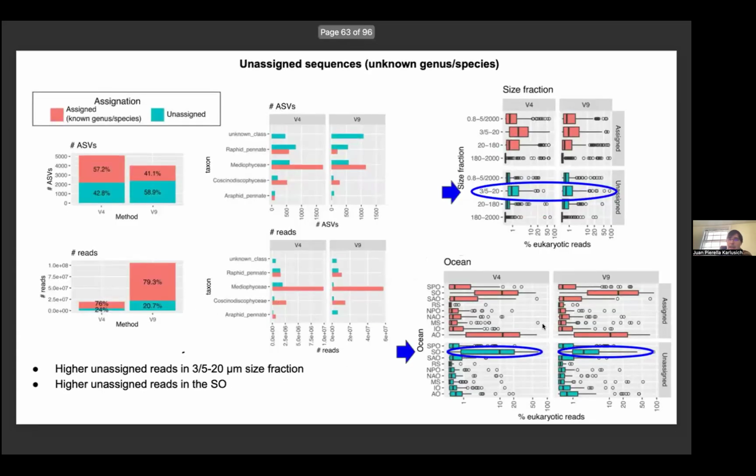And we also detected a high amount of amplicon sequences for which we have no clue regarding the species or the genera. These unassigned sequences are due to limitations in our reference databases.